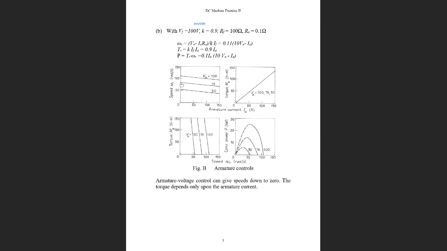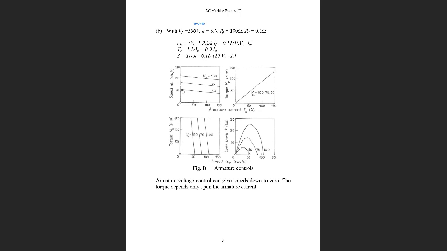As the armature current increases, as the loading level increases, the speed gets down linearly. The speed decrease is a little bit higher than that for the 100 volts.